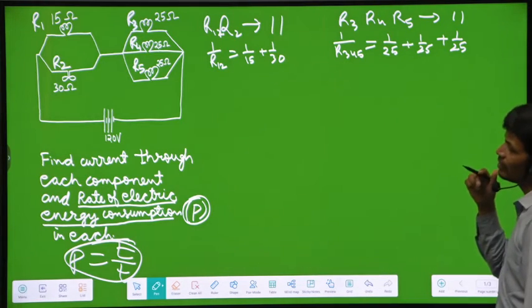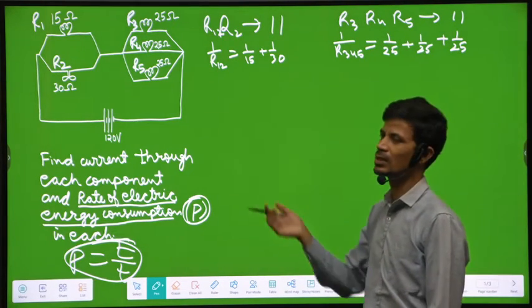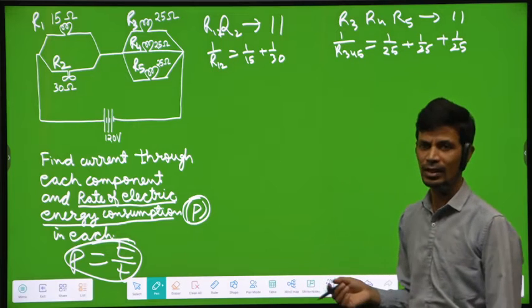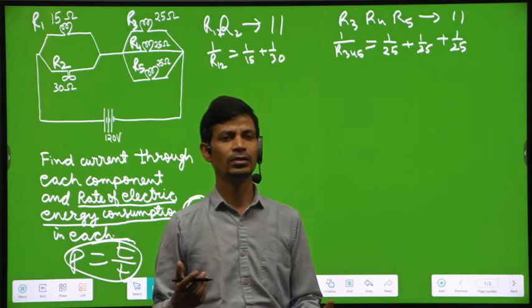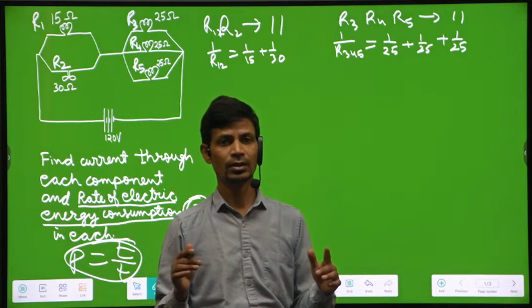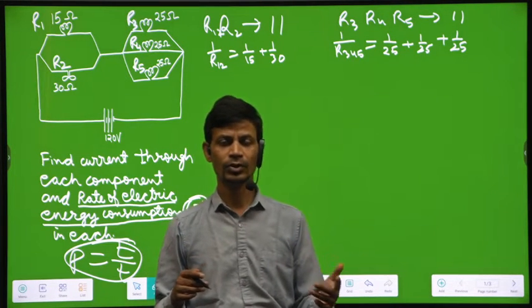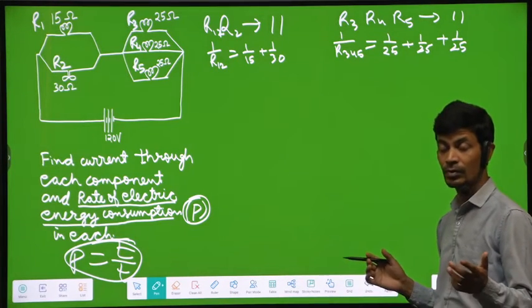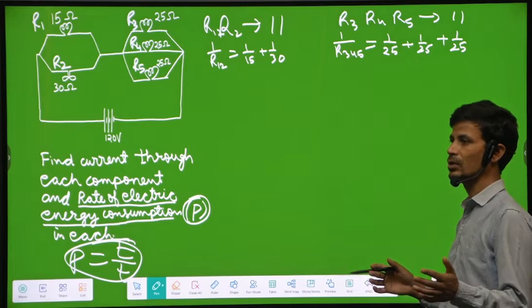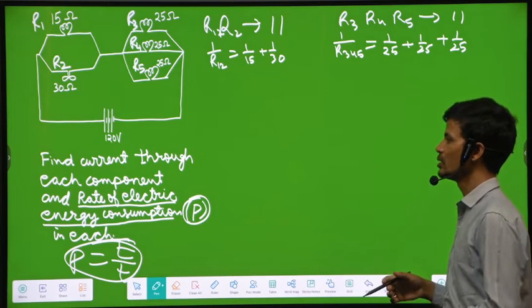Later on I will tell you some shortcuts for these parallel combinations, because in some of them you can sum it up by a trick which is totally accepted. It is not a fluke kind of thing.